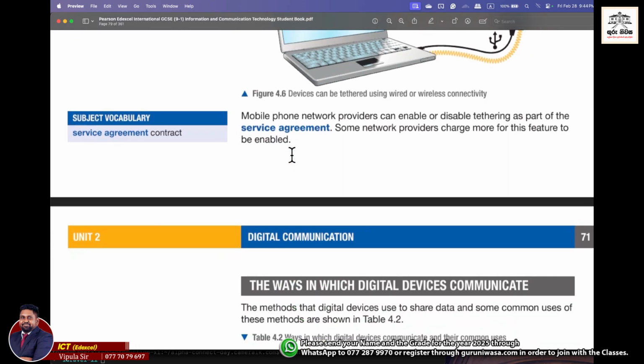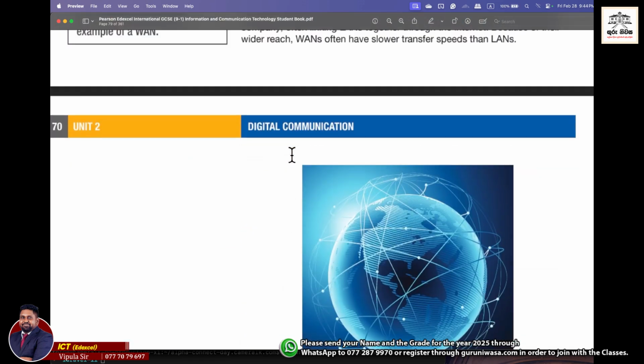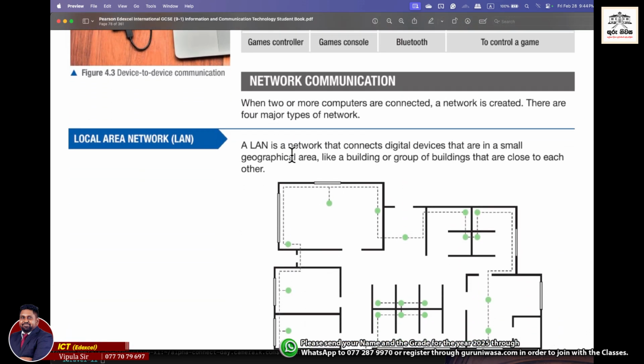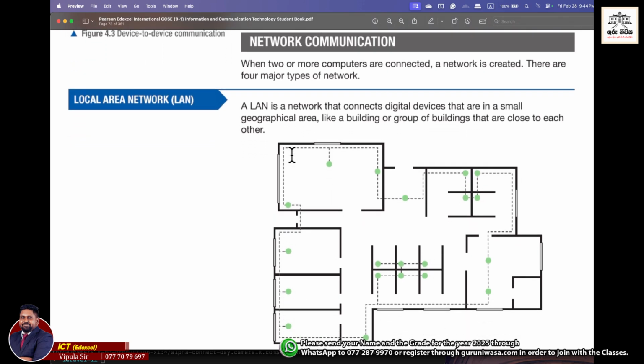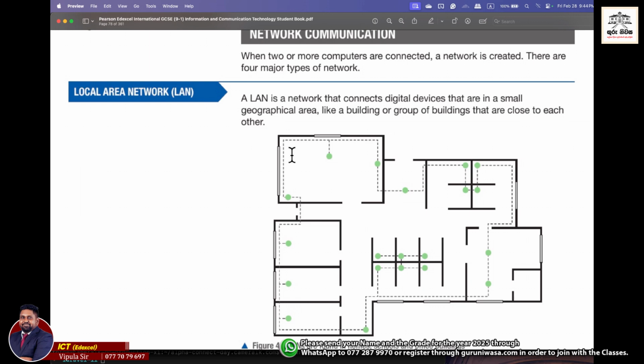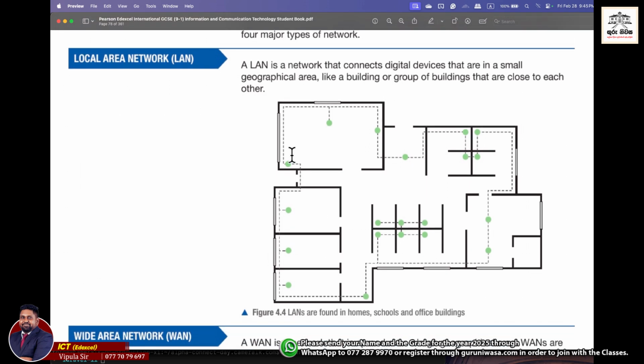Okay, so yeah, let's just go through this part, guys, so that we can finish this particular section. Okay, so local area networks. A LAN is basically a network which will connect something within a specific area.